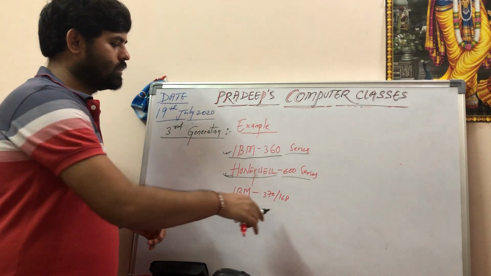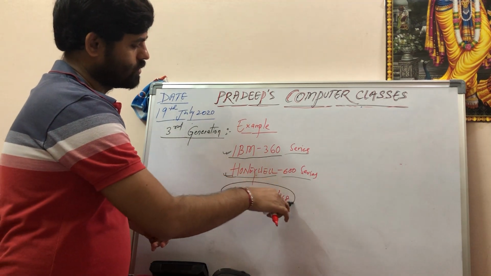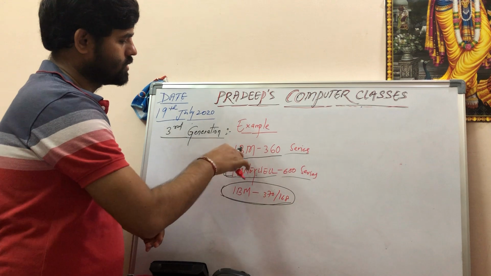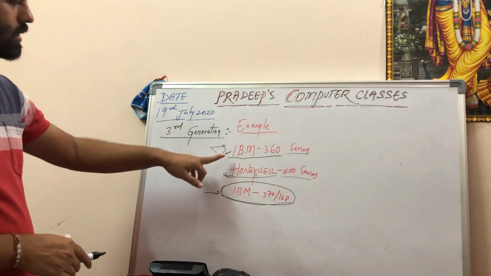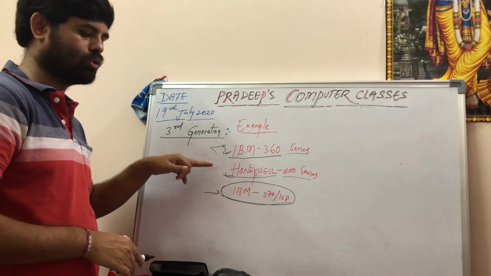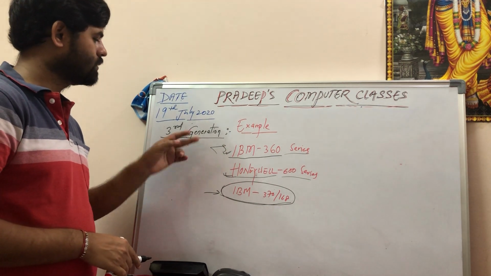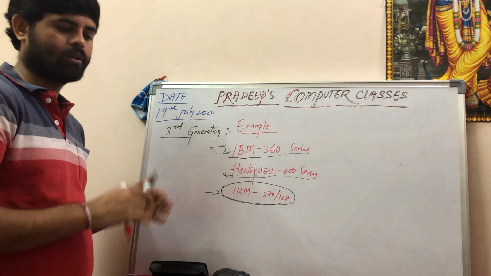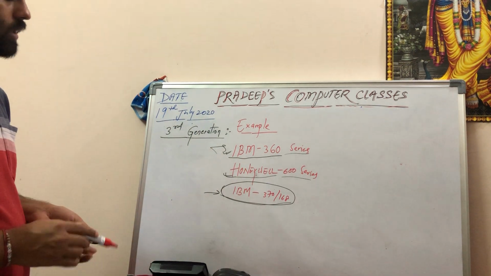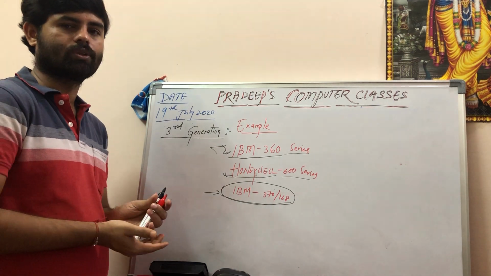And then again, this is a special series of IBM that you can remember. This is also a third generation computer. This is another series, right? So you can remember these things. These are all for remembering, for the exam perspective. Questions can be asked, which is the third generation computer. So just make a note of this. Then we will see fourth generation and fifth generation.